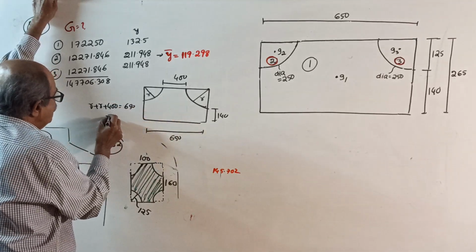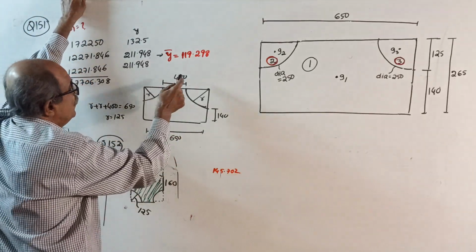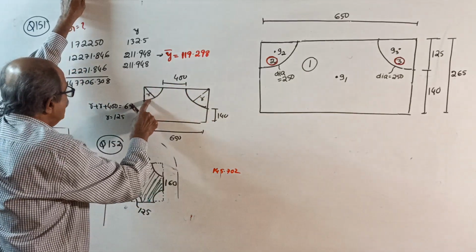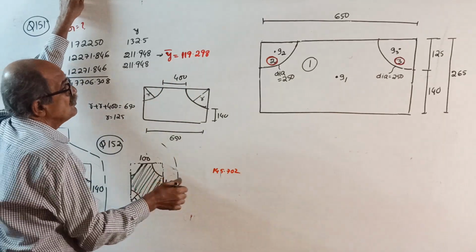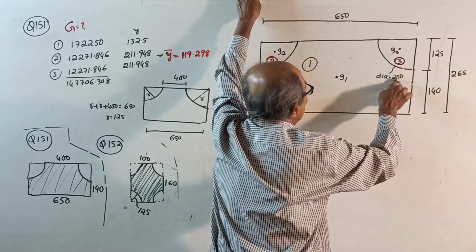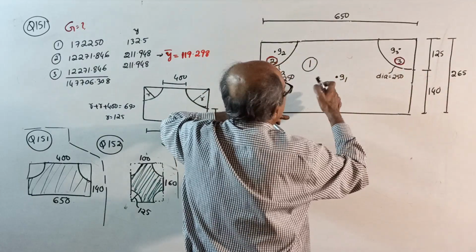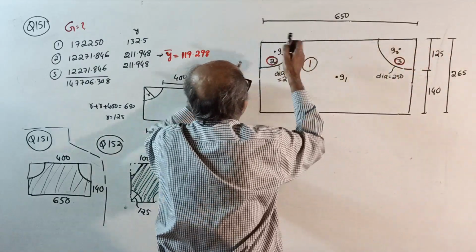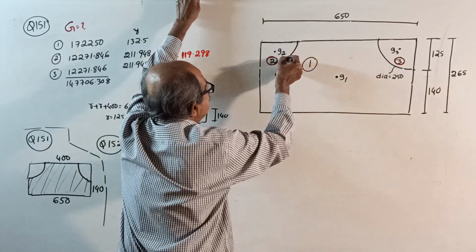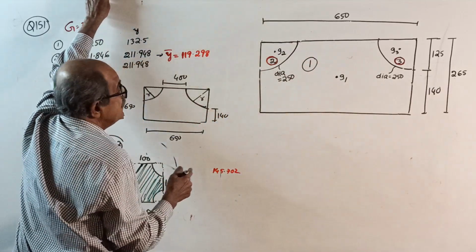You will get r equal to 125: 650 minus 400 is 250, divide by 2, you will get radius of 125. So radius 125, diameter 250. Okay, no problem, such things need not bother too much.